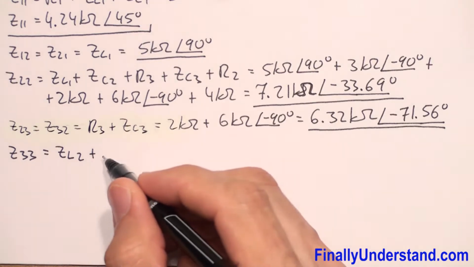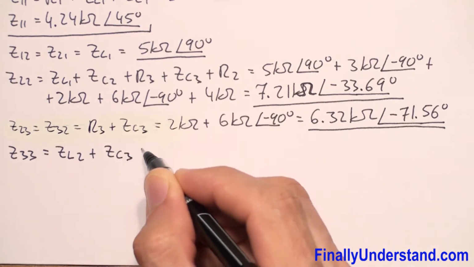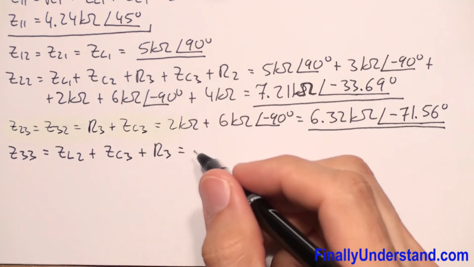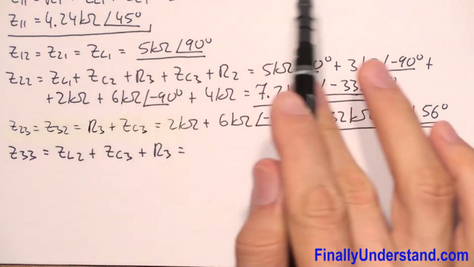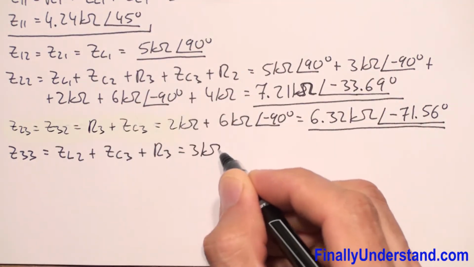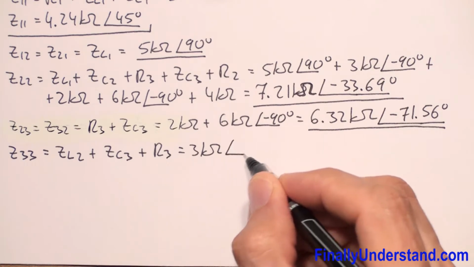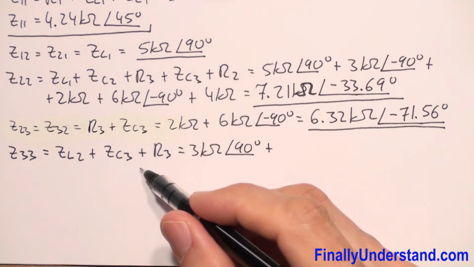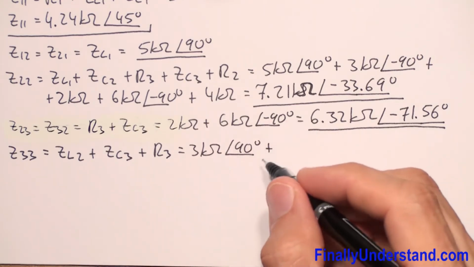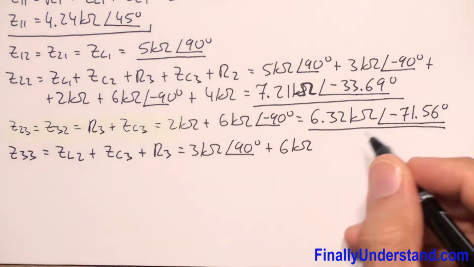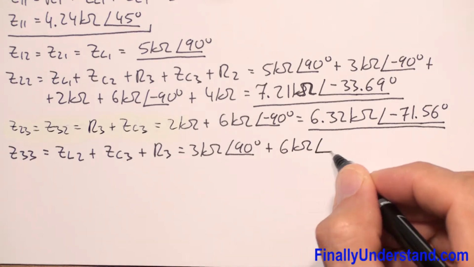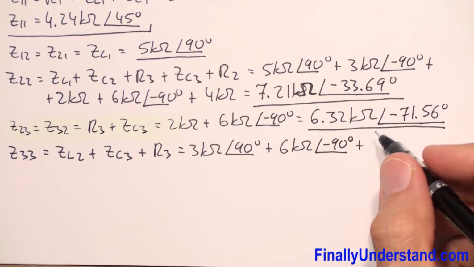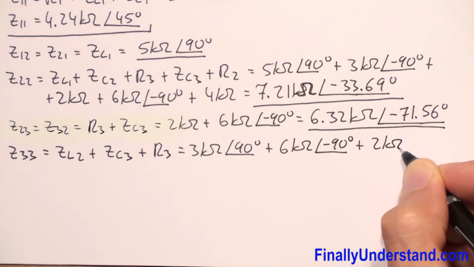ZL2 is equal to 3 kilo ohms and angle of 90 degrees, plus ZC3, which is equal to 6 kilo ohms and angle of negative 90 degrees, plus R3, which is equal to 2 kilo ohms.